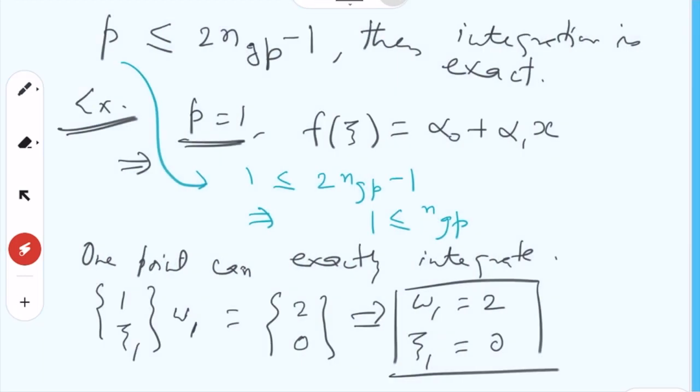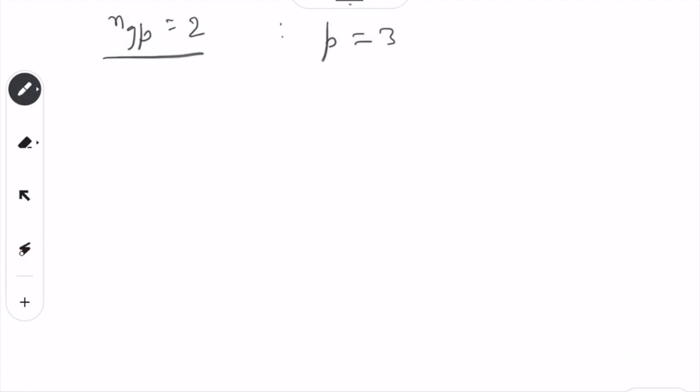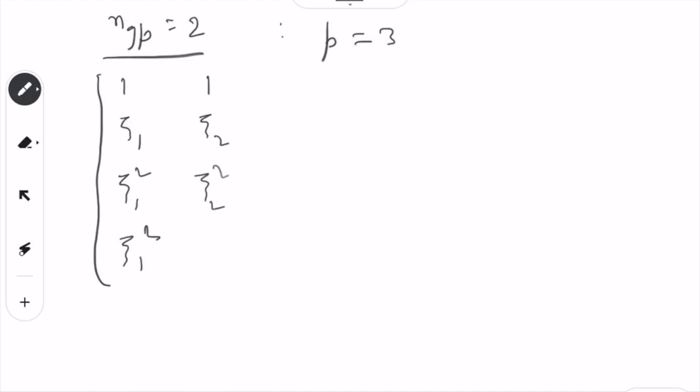Our matrix becomes like this: 1, xi 1, xi 1 square, xi 1 cube, right, and similarly you have 1, xi 2, xi 2 square, xi 2 cube. This we get as M, okay, times the weights.